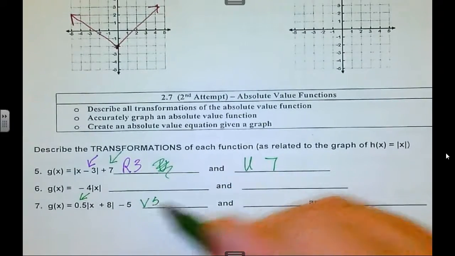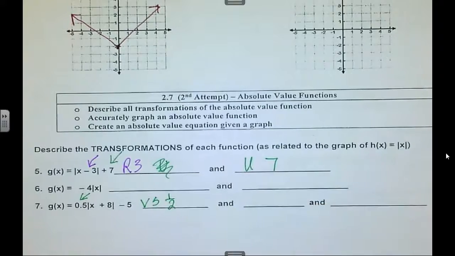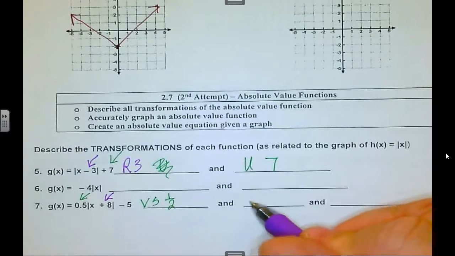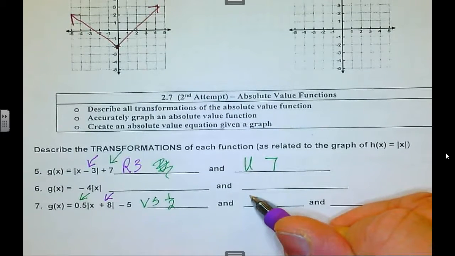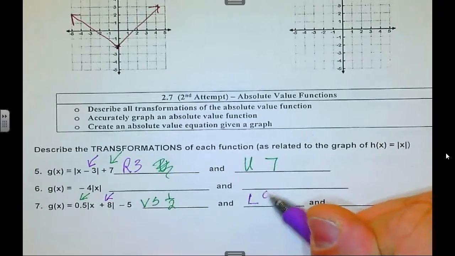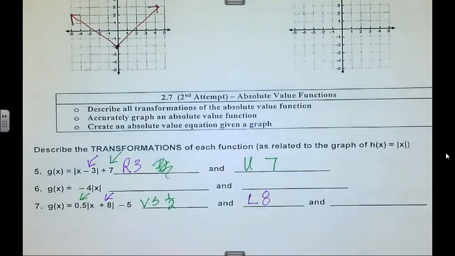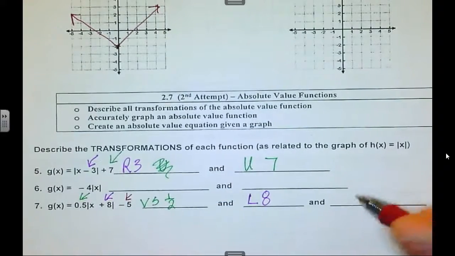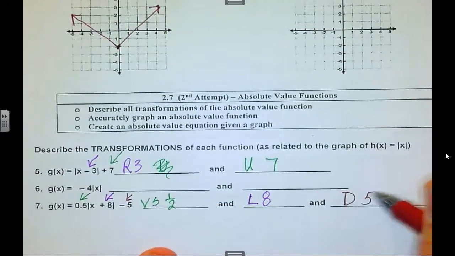Vertical stretch of 1/2 or 0.5. Inside the absolute value is the opposite of the sign, left 8. And then the last one, -5, down 5.